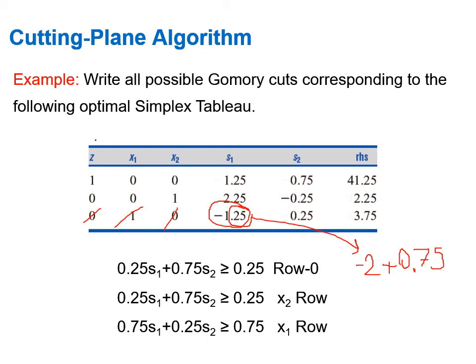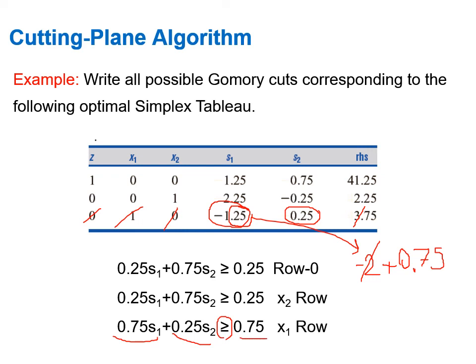And we will then eliminate this integer part. And here it's already fractional. And the right hand side is 3.75 and we eliminate the integer part. So we have 0.75 X1 plus 0.25 X2 greater than or equal to 0.75.